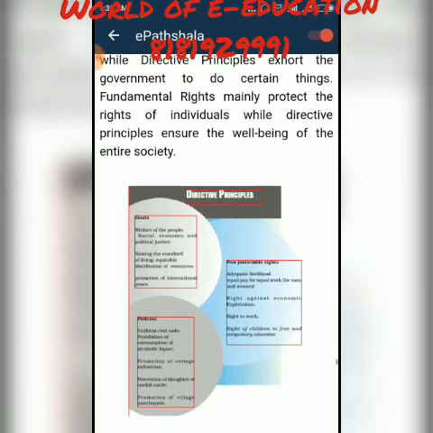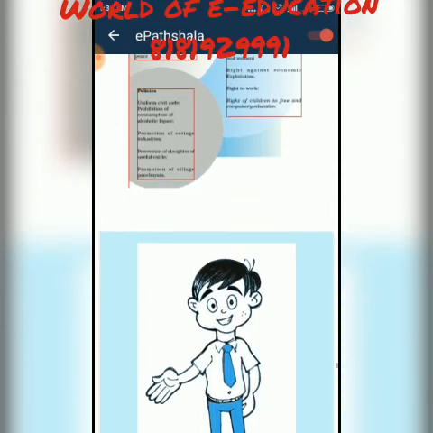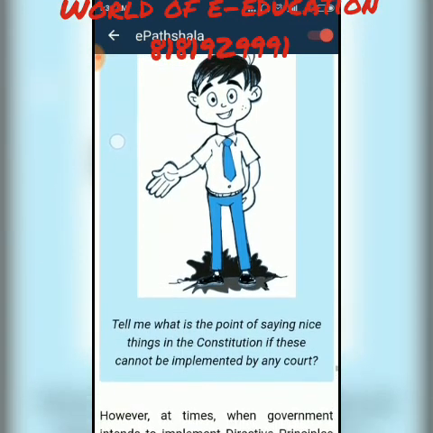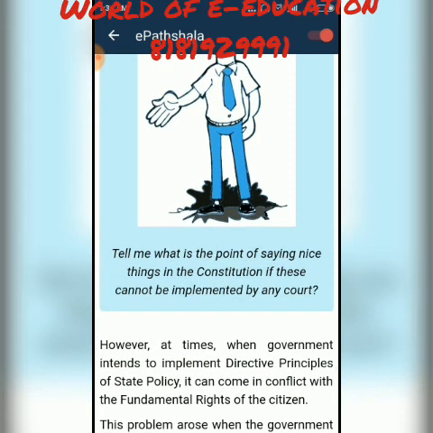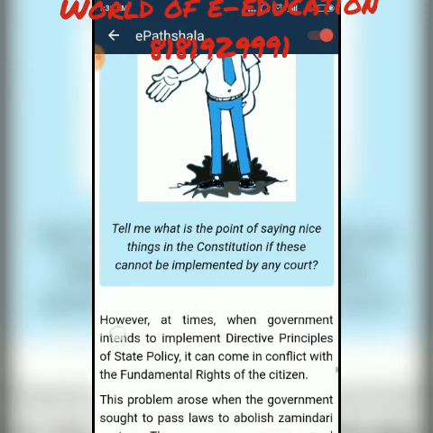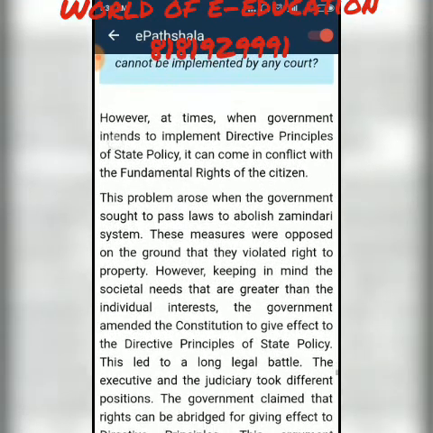Fundamental rights mainly protect the rights of individuals while directive principles ensure the well-being of the entire society. Tell me, what is the point of saying nice things in the Constitution if these cannot be implemented by any court? However, at times, when government intends to implement directive principles of state policy, it can come in conflict with the fundamental rights of the citizen.